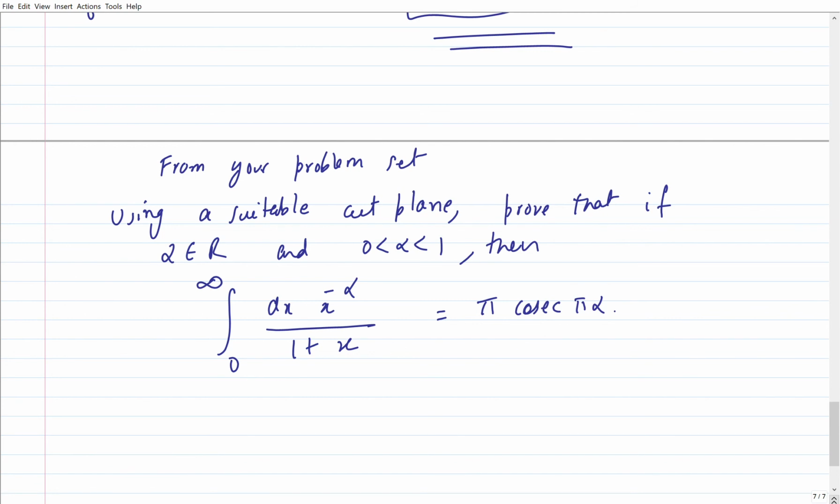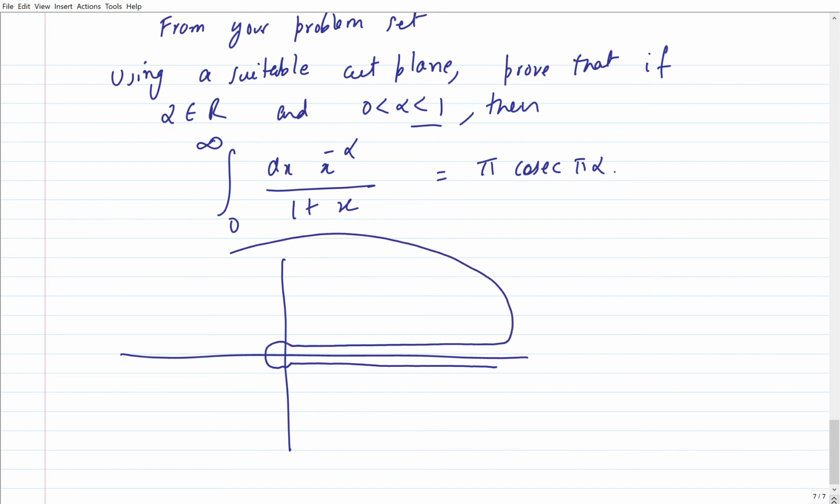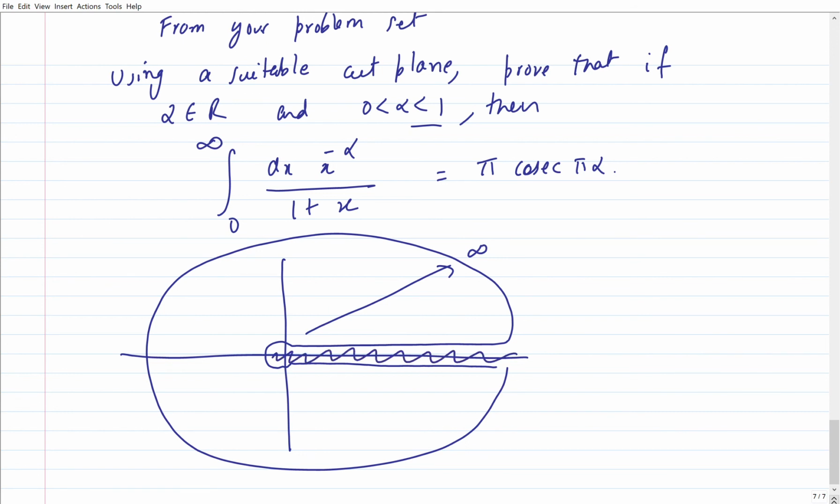and ultimately it's the same thing. It's a similar question. The moment you see alpha less than 1, you automatically know that this function will run into some issue of multi-valued problems. So I again choose a similar sort of contour, take this radius going to infinity, and this is my branch cut.